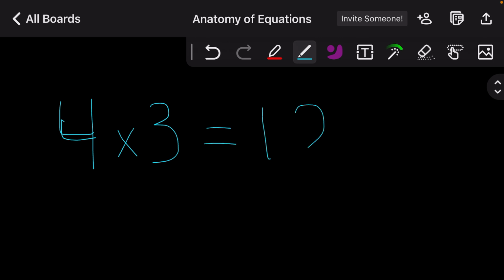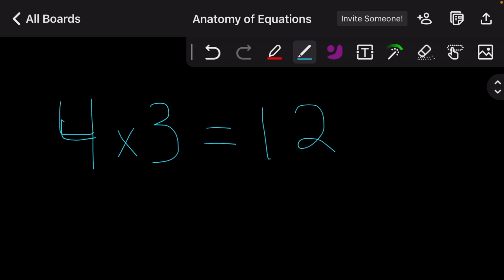Before I get into this example, I want to let you know some good news, which is that you already know these parts just looking at them. Once I write this example, and let me just go ahead and do that. There we go. 4 times 3 equals 12.